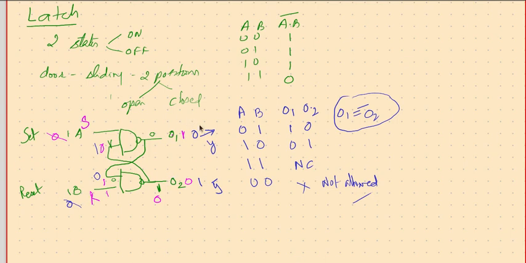If it was already 0 and you try to reset again, it doesn't make any change. It's the same as the door was locked and you try to lock again, so it remains locked, so there is nothing to change. Only thing is, if it is locked, you can unlock. That means you can set if it is reset, or you can lock when it is unlocked. That means you can set when it is reset.